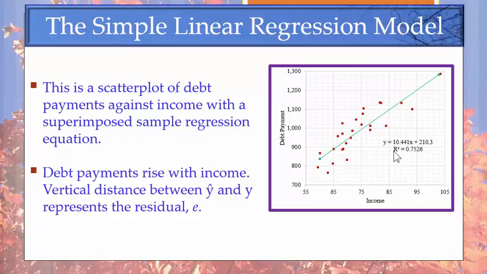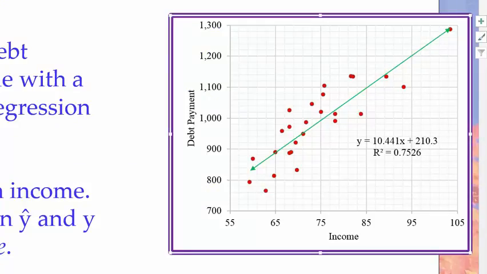Now a couple of details about our graph here, and that is that we notice that we've got a slope of 10.4 with an intercept of 210. So that means that for every 1 unit increase in x, we're going to expect y hat to increase by 10.441 units. Now the y-intercept, of course, is 210.